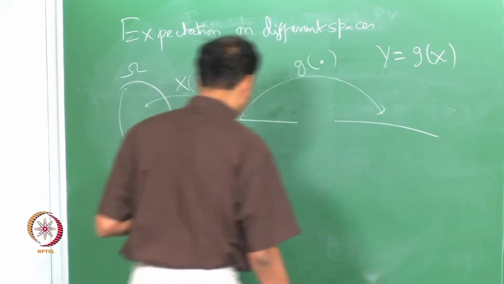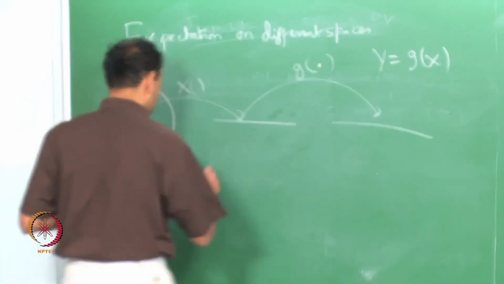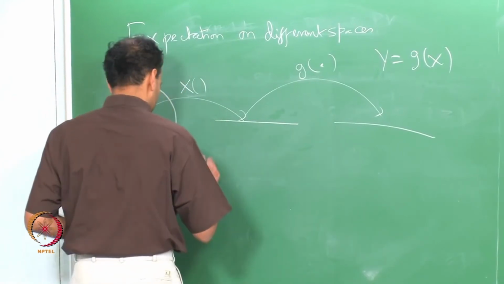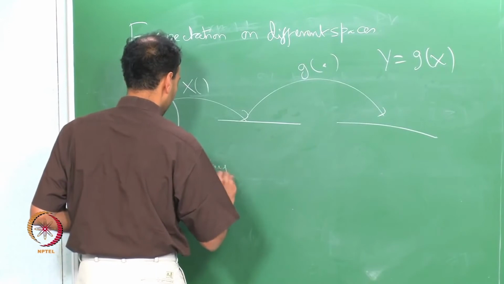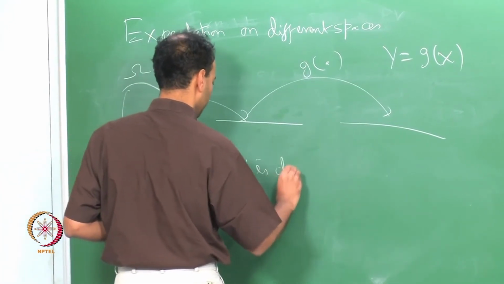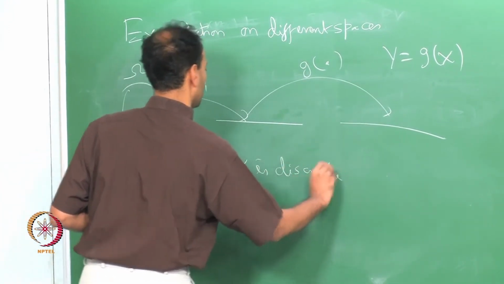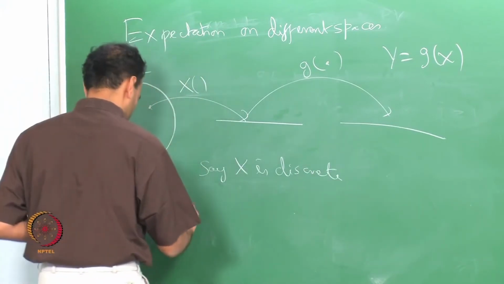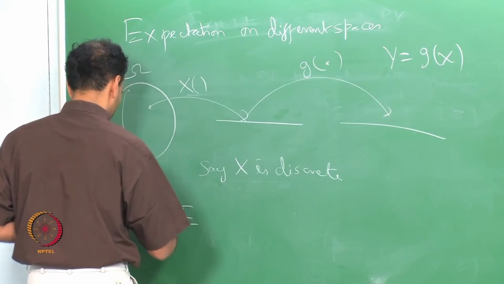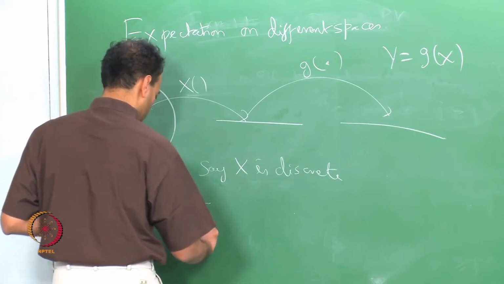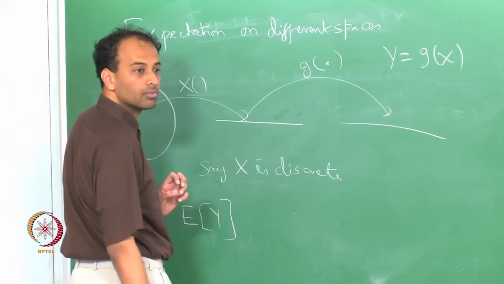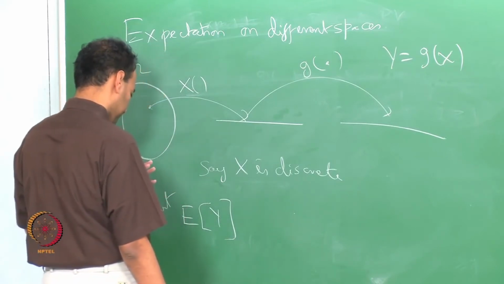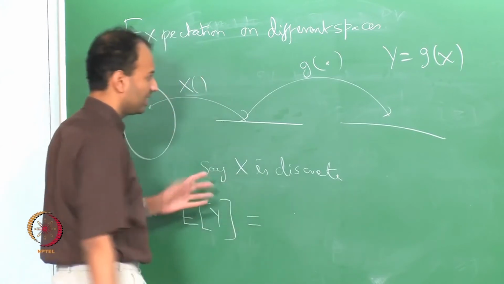So, what I am trying to say is, let us say x is discrete for the time being, just to fix ideas, taking values a i's. So, I want the expectation of y, and y will also be a discrete random variable.